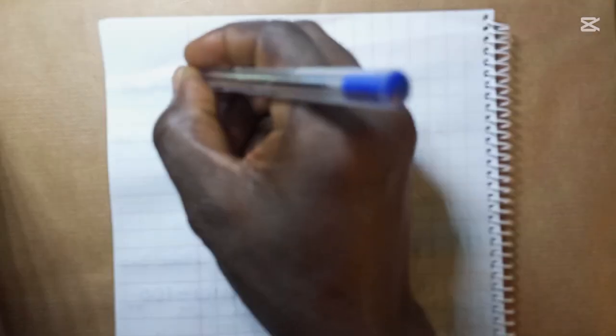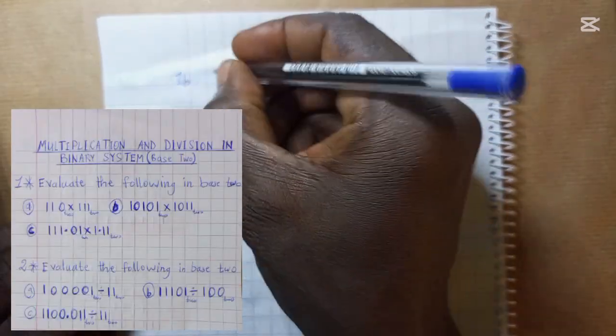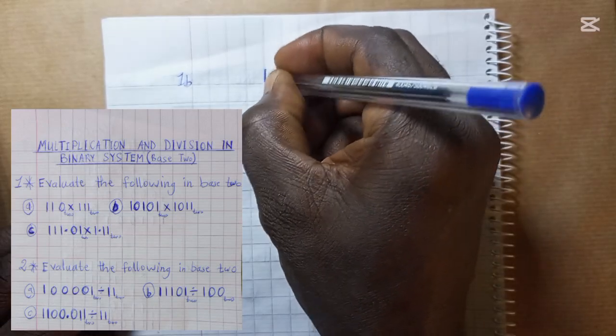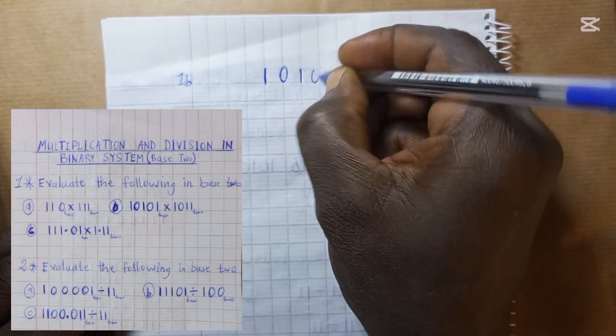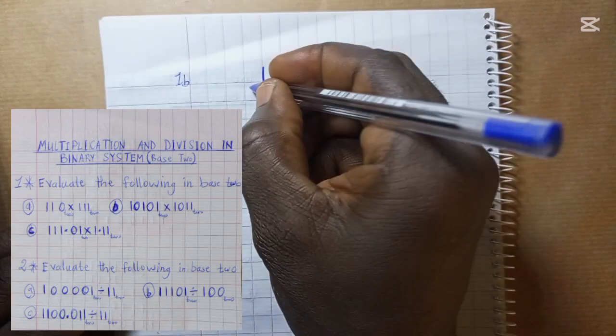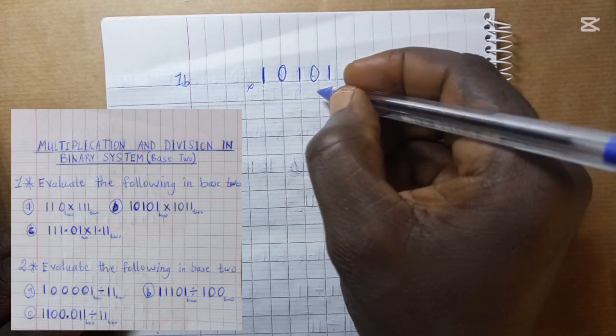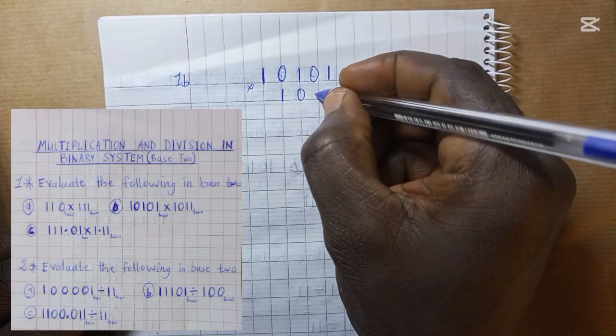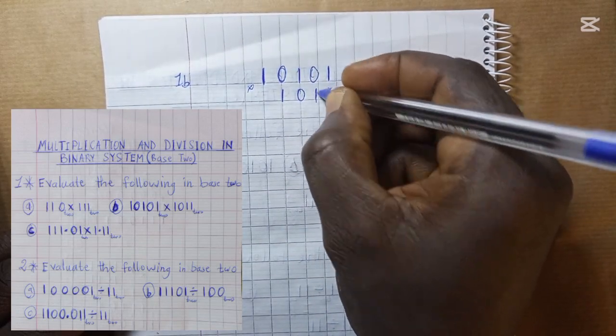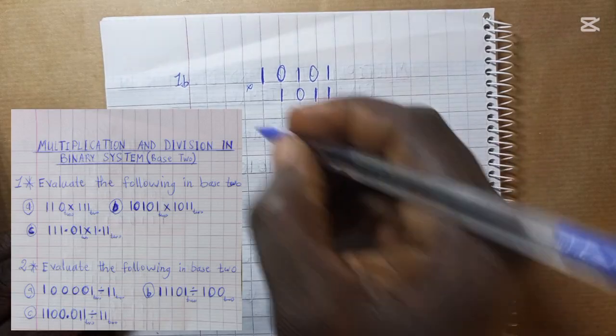The number 1b, we have 1 0 1 0 1 times 1 0 1 1 1 0 1 1.